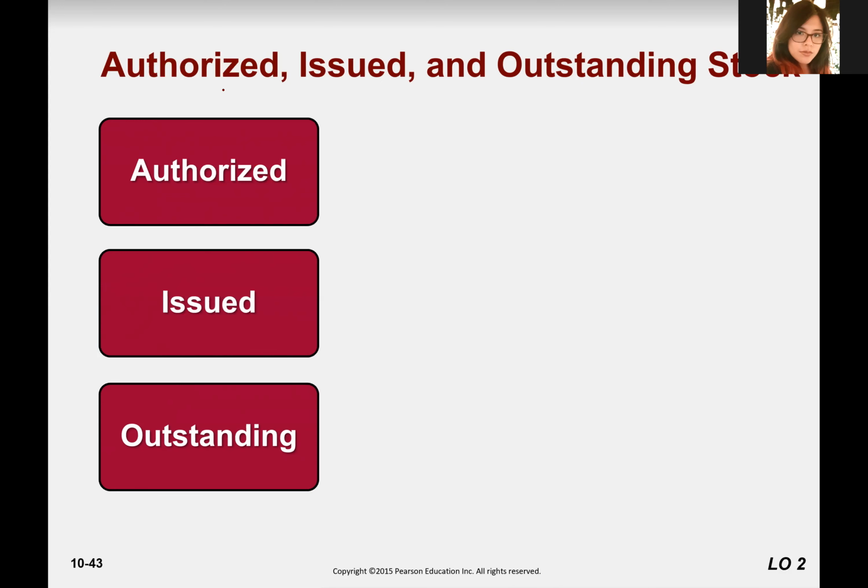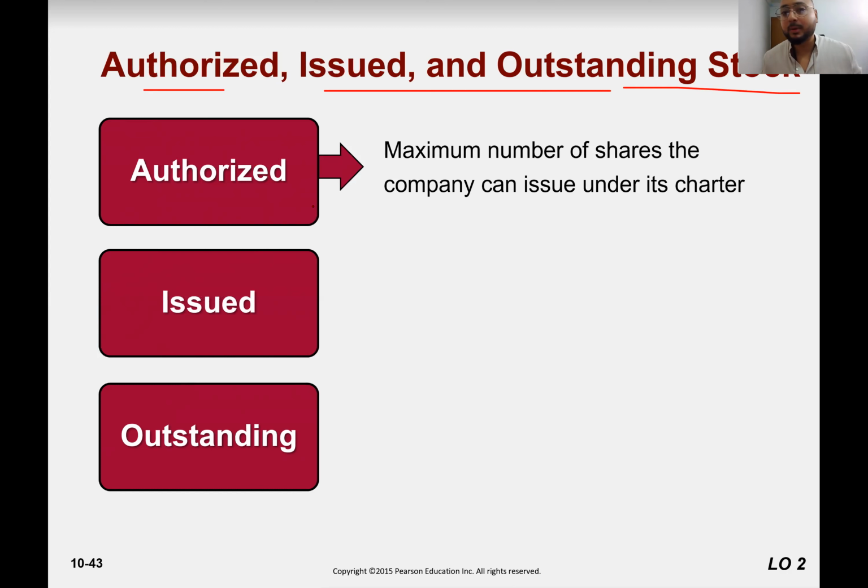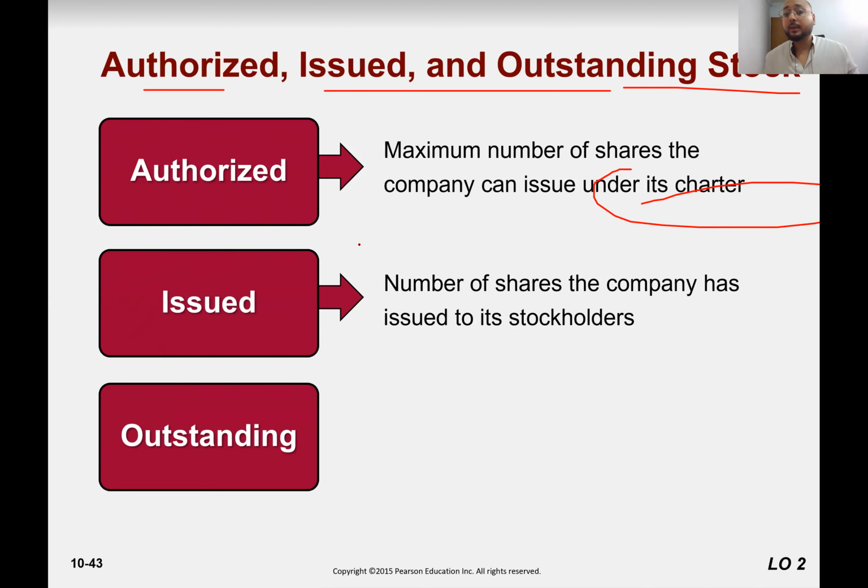So, authorized, issued, and outstanding capital. Authorized, which I already told you, is the maximum number of shares under the company's charter. Issued is how many shares from this authorized capital the company has issued.